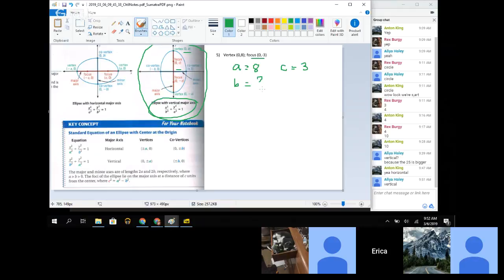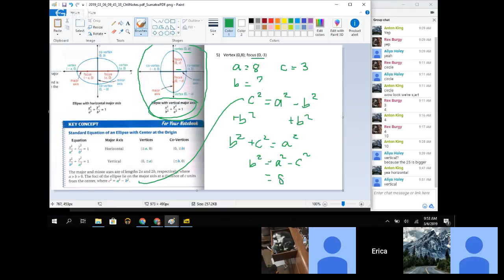So the equation is that c squared equals a squared minus b squared. Or I could rewrite this as, if I add b squared to both sides, b squared plus c squared equals a squared, or b squared equals a squared minus c squared.